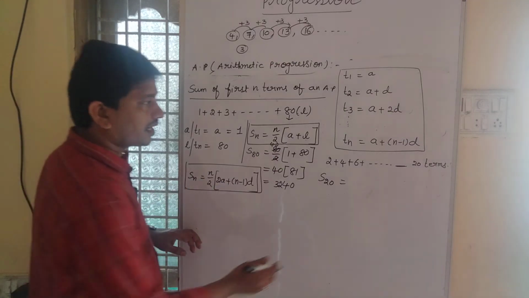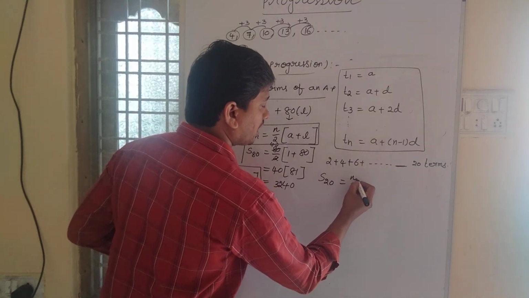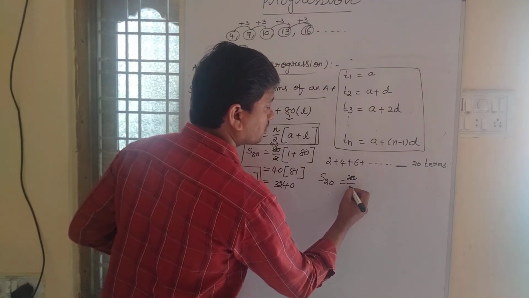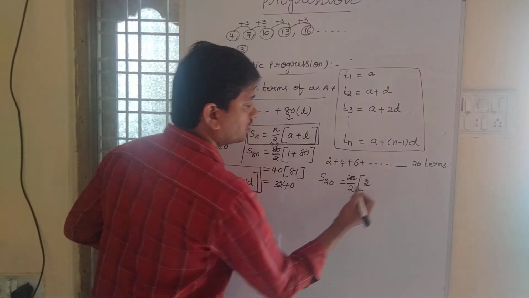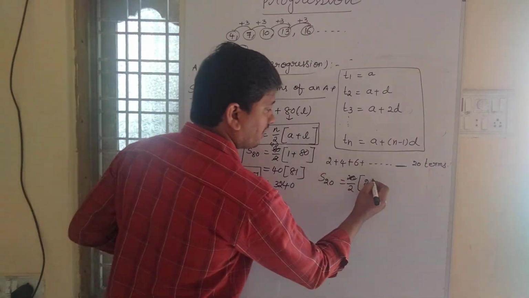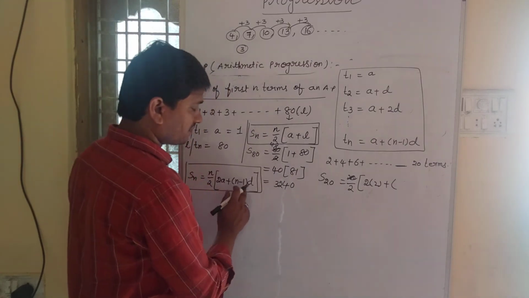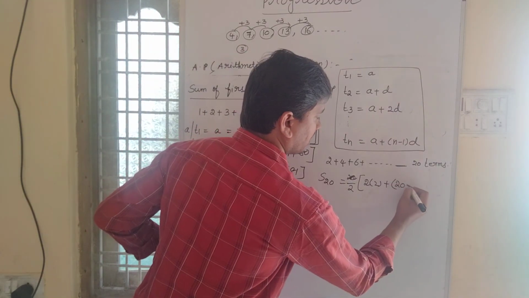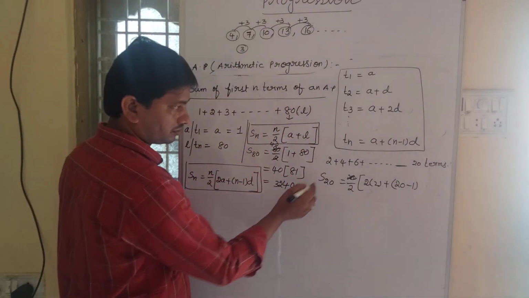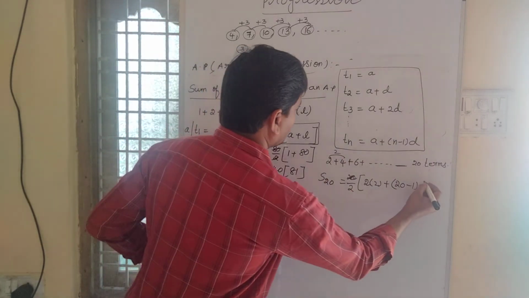Right? Here they are asking to find the sum of 20 terms. n by 2, I mean 20 by 2, into 2. Our a value is 2, plus n minus 1 into d. n is 20 minus 1 and d is 2 here.